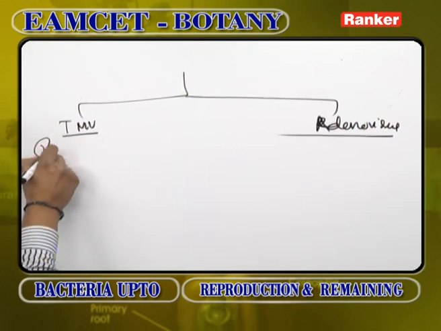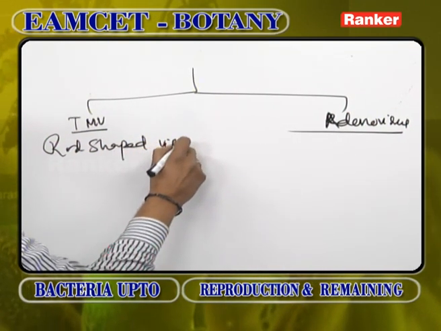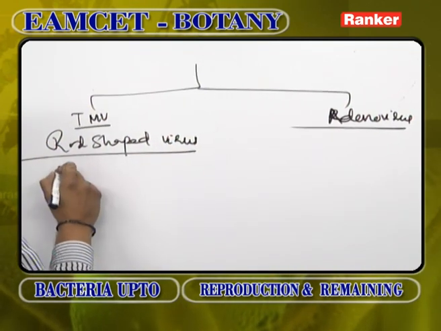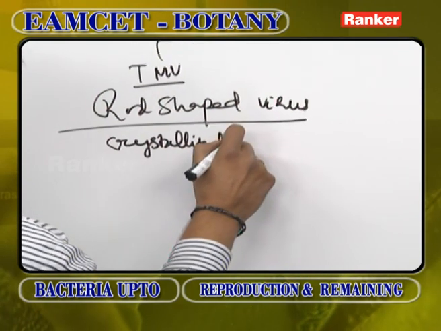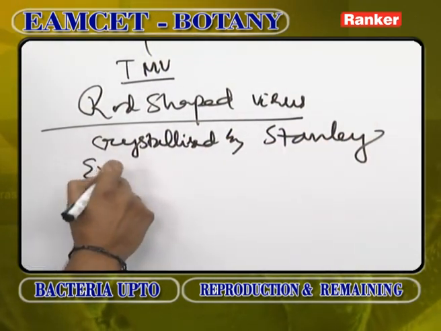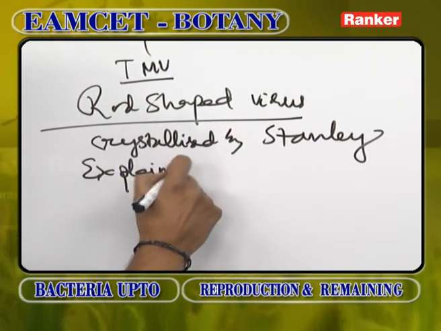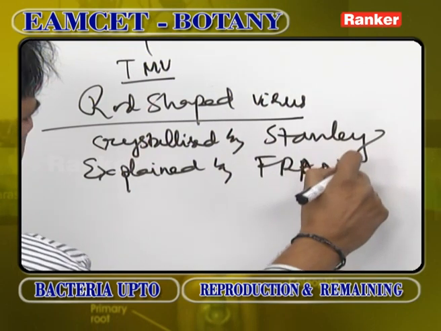Tobacco mosaic virus is a rod shaped virus which is open on both sides. It was first crystallized by Stanley, but the structure was explained by Franklin.